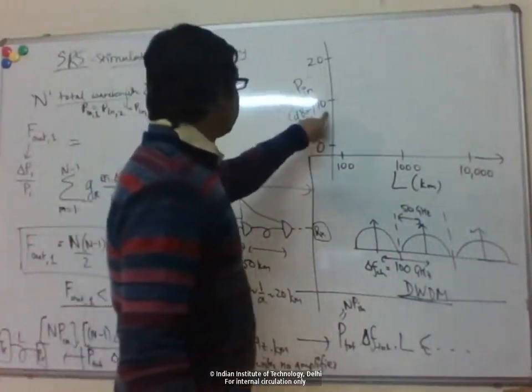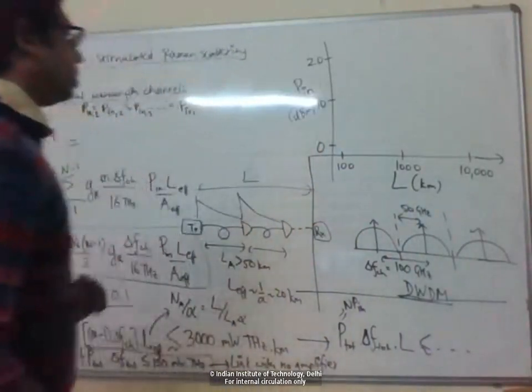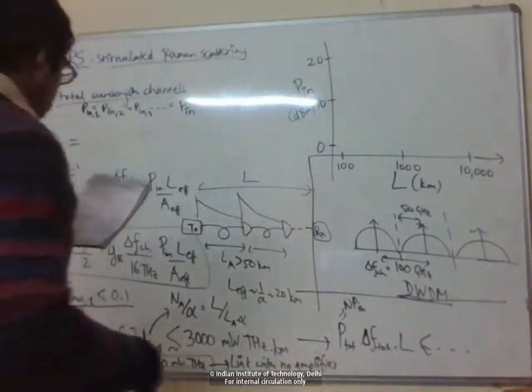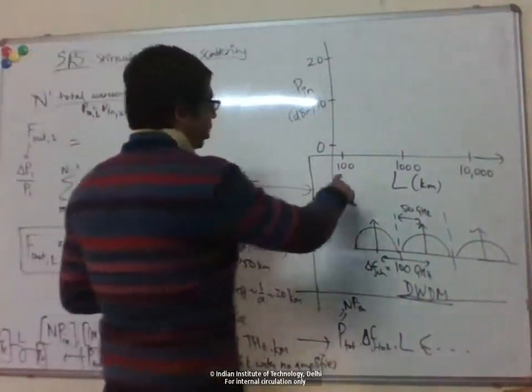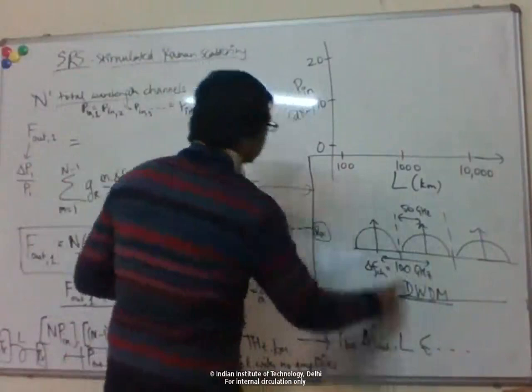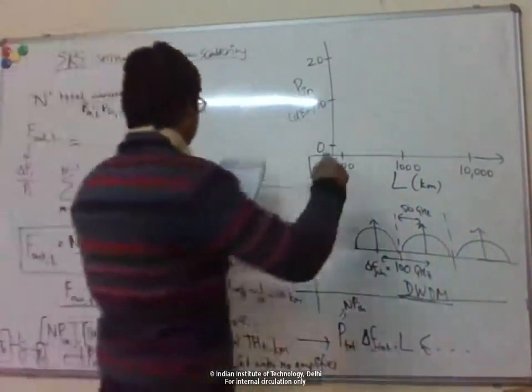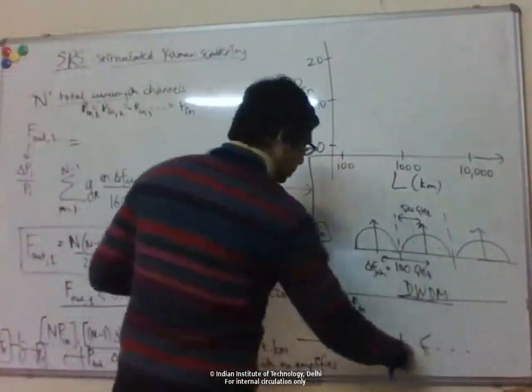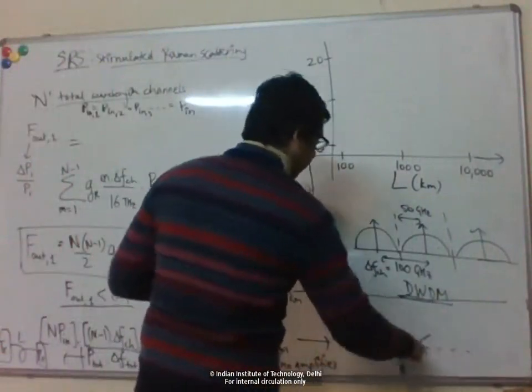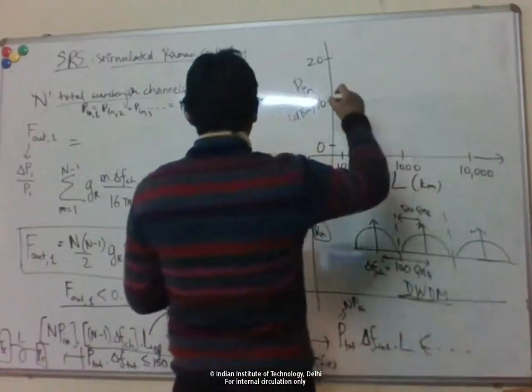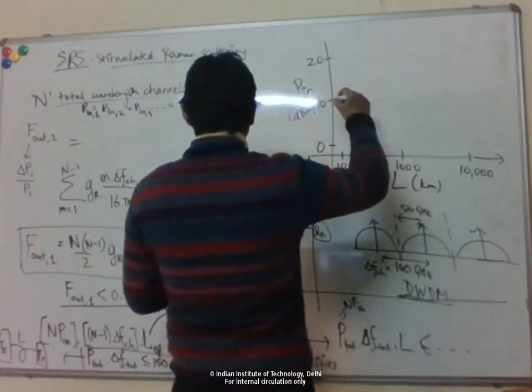This is 1 milliwatt, 10 milliwatt, 100 milliwatt. If I want to go to longer lengths, I have to reduce the power. So to satisfy this, if I plot this line here, equal to this number, I get something like this.